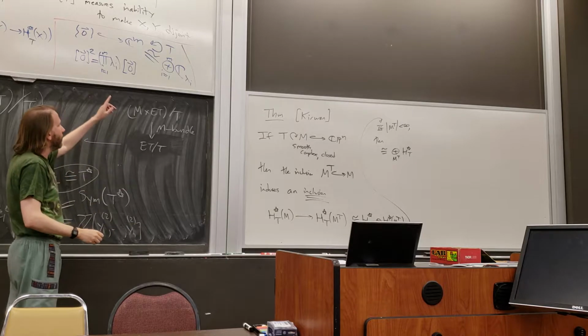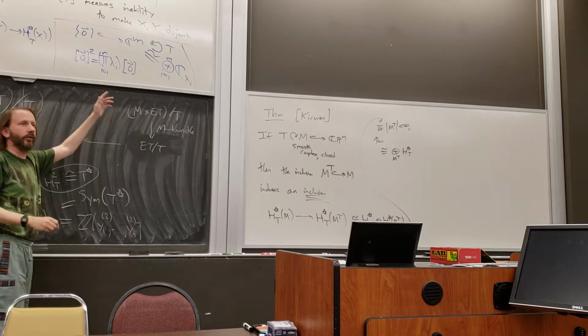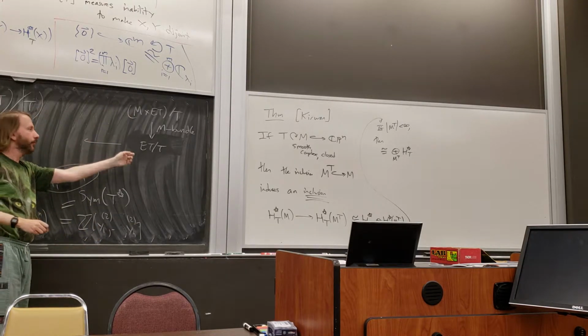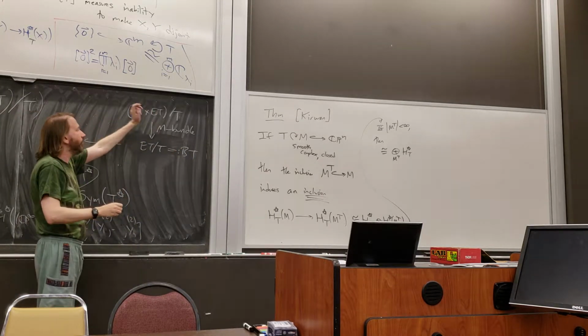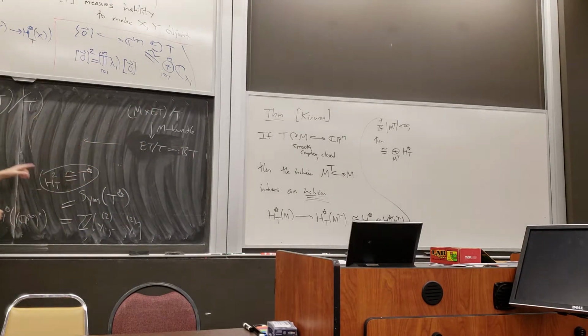So in general, ET is a T bundle over ET mod T. So this guy has a name also, which is BT. So ET is a T bundle over BT. What this construction does, it replaces every T fiber by a copy of M. It's the associated bundle construction.